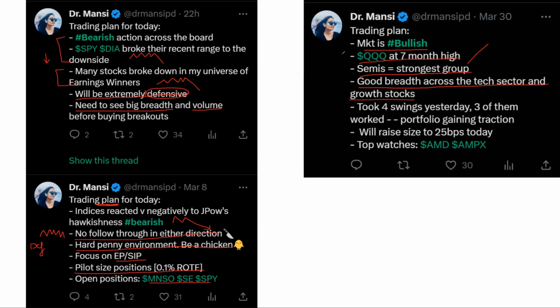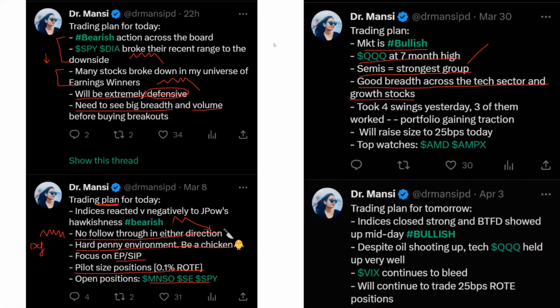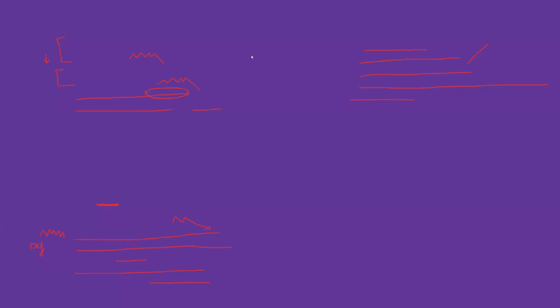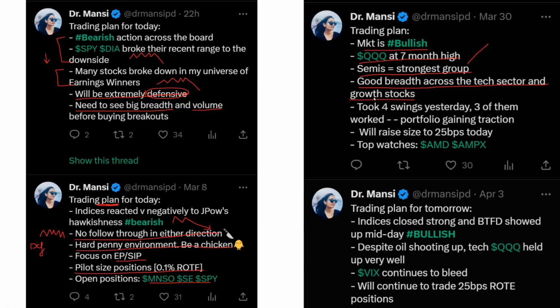So all of these three are me looking at the market, the indices, the groups, and seeing where the money is flowing and whether they're in uptrends.